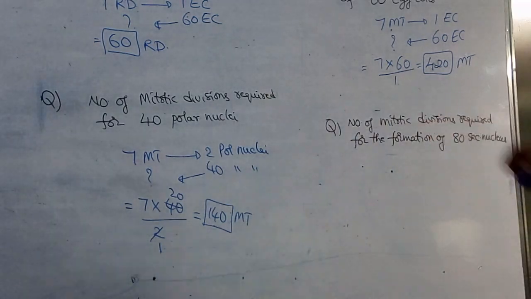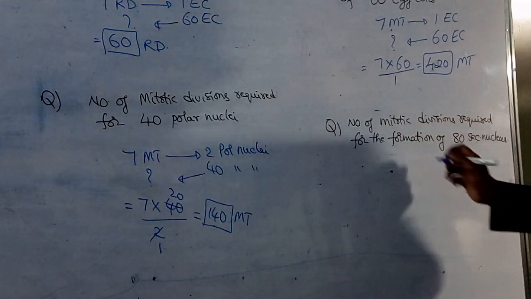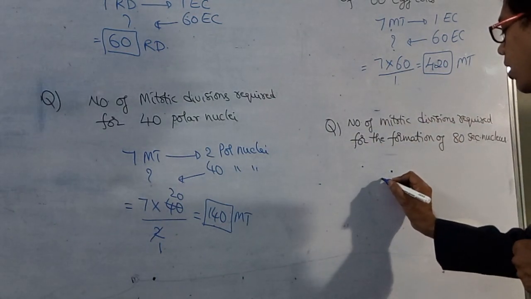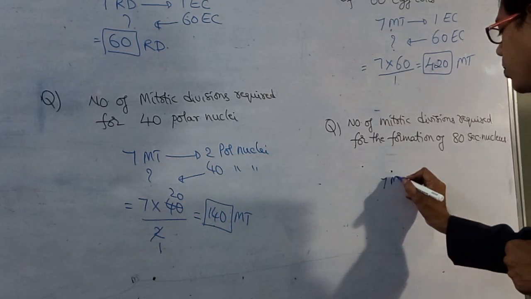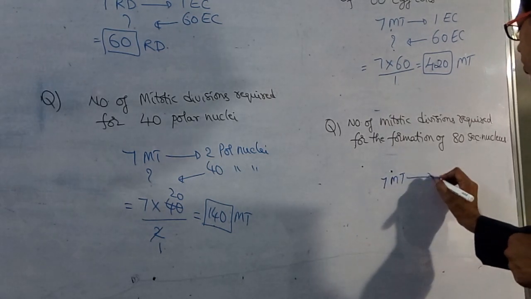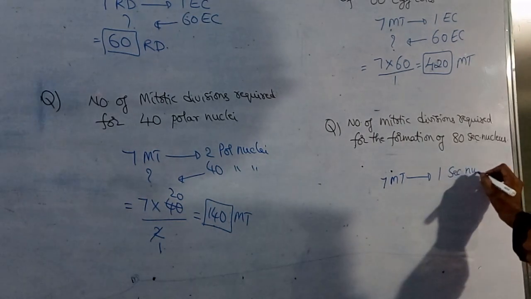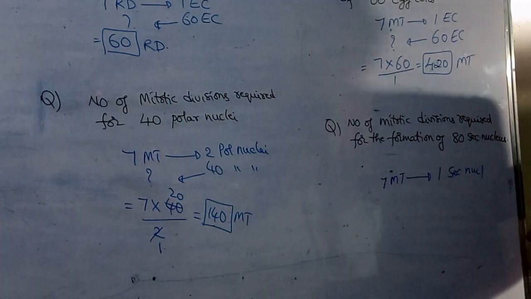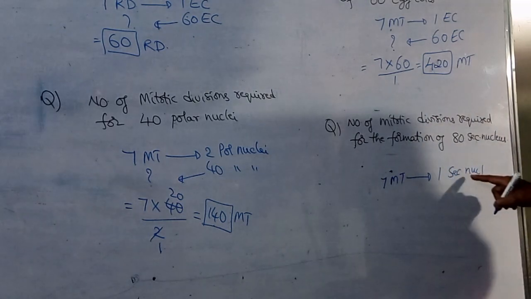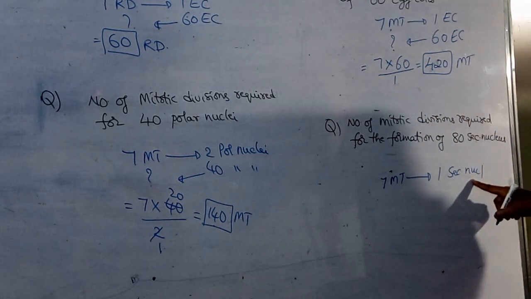Here mitotic divisions are asked. 7 mitotic divisions are required for the formation of one secondary nucleus, isn't it? How is one secondary nucleus formed? By the fusion of two polar nuclei.